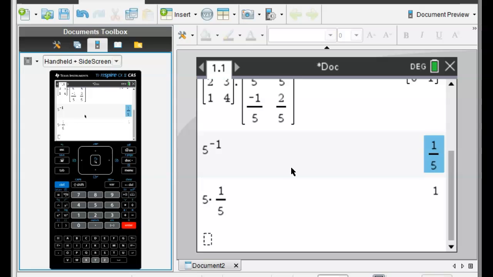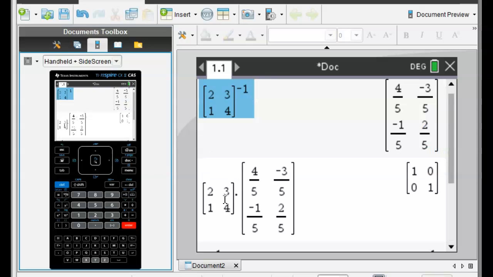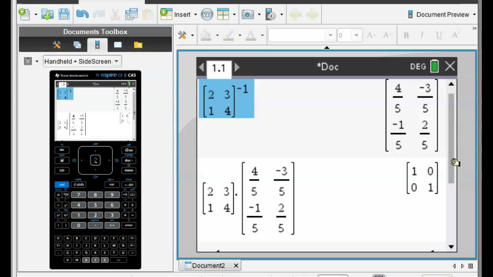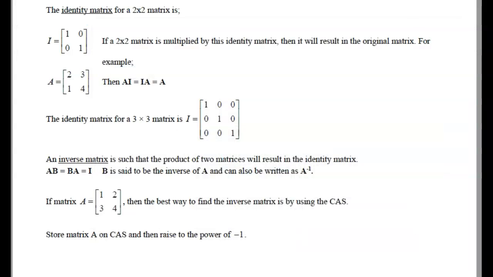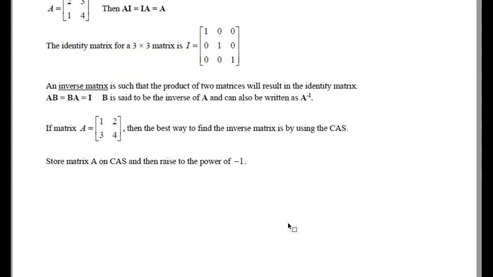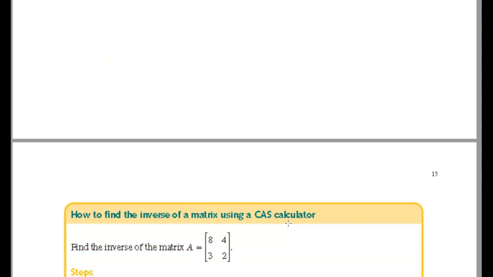Okay, so if I just scroll back up here, your matrix multiplied by its inverse will give you the identity matrix. And that's true for any size matrix. So you can get a 3 by 3, a 4 by 4, take the inverse and multiply it to get the identity matrix. All right, let's move on to do some questions.